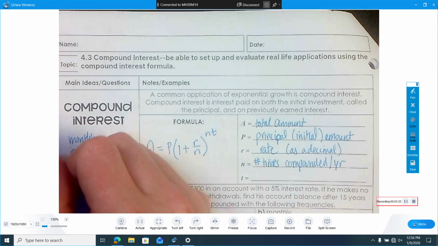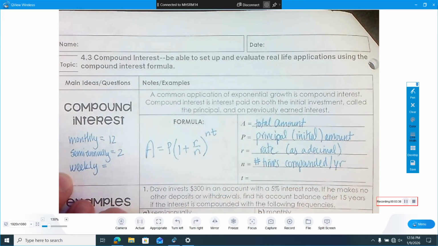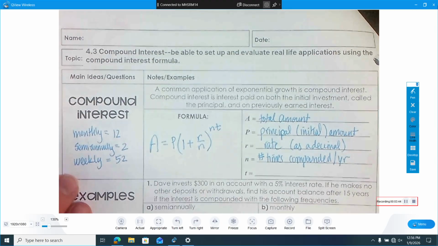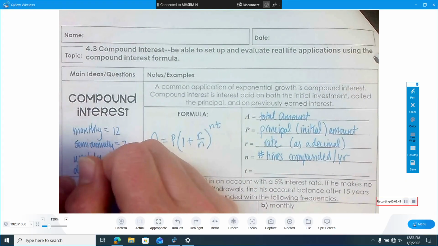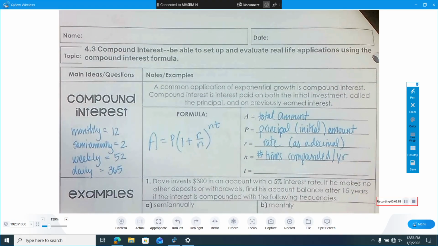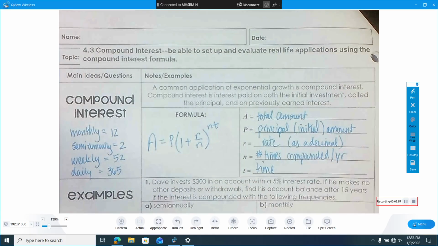Weekly? 52. Daily? 365. Generally accepted. And T is time.